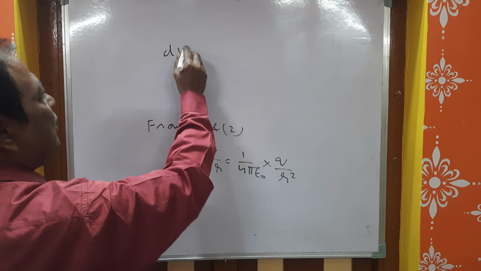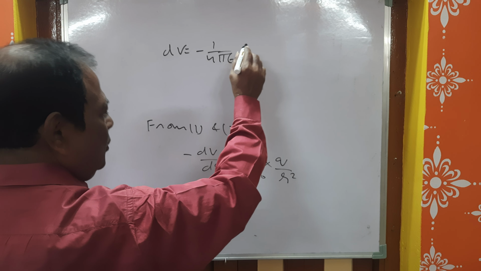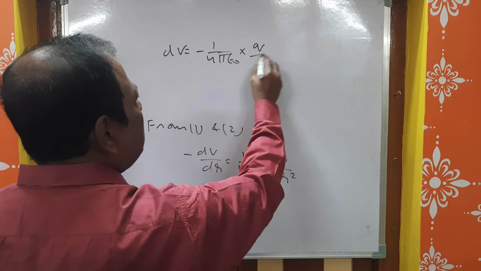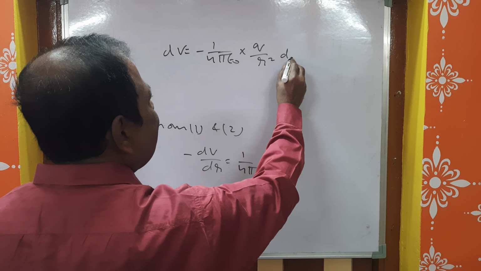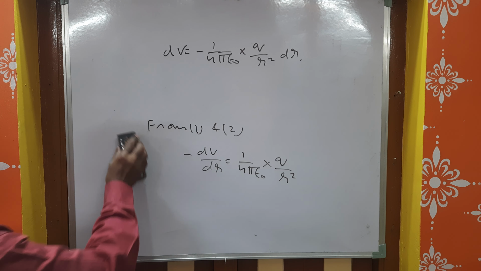So from these two equations, I can find out dV is equal to minus 1 by 4 pi epsilon naught into Q by R square dr. Okay.